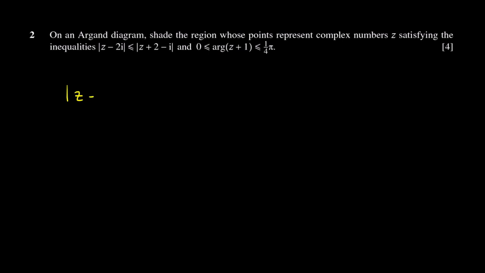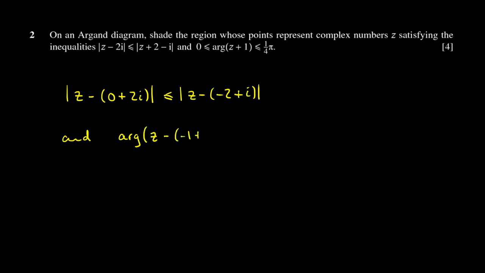We've got the modulus of z minus 0 plus 2i is less than or equal to the modulus of z minus negative 2 plus i. Okay, and we've also got the argument of z minus 1 plus 0i.